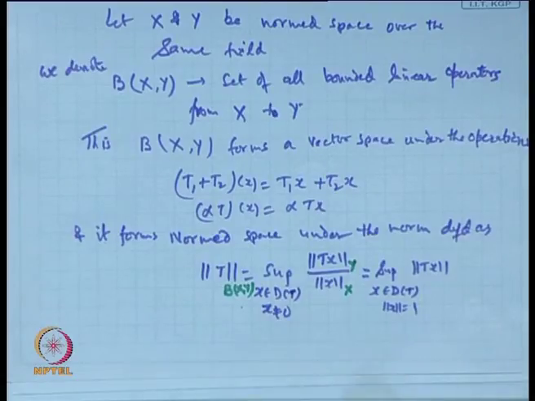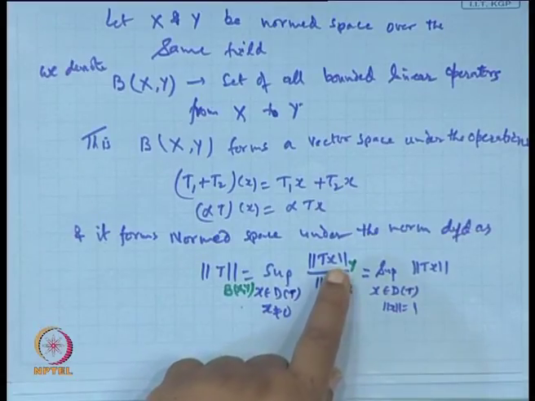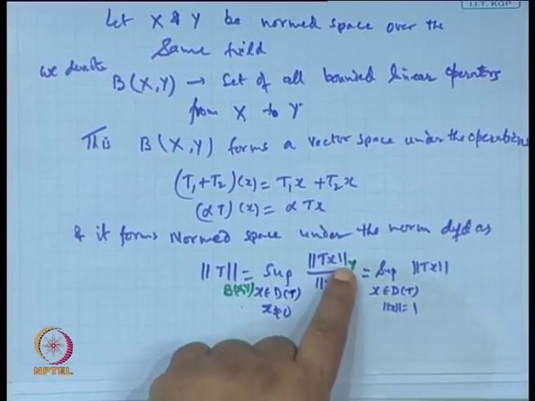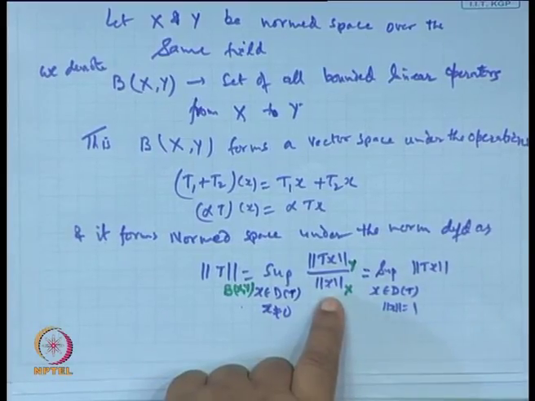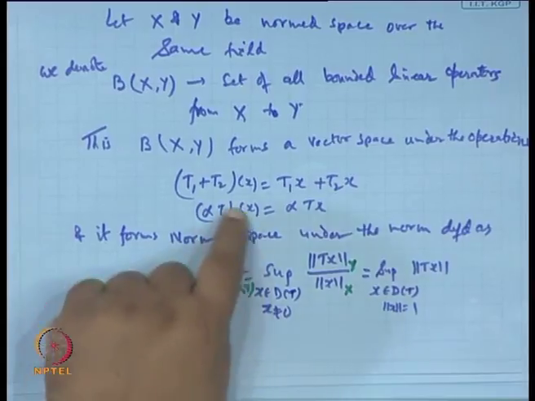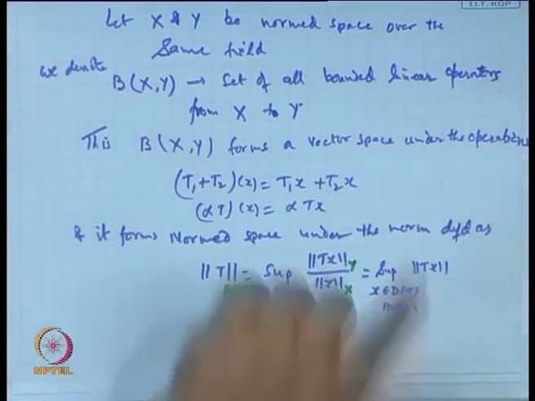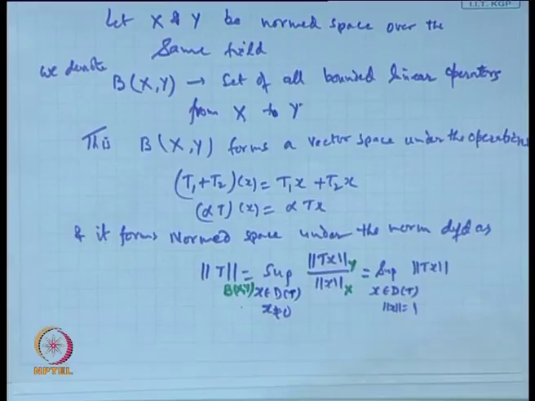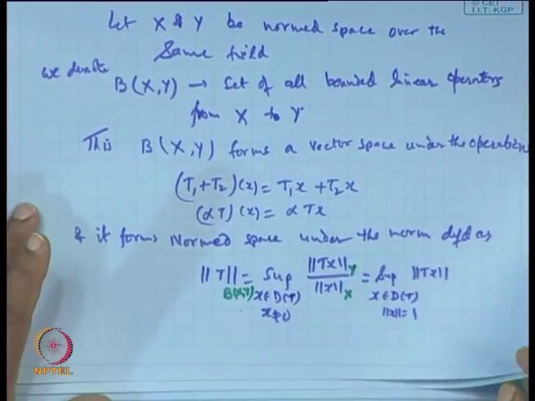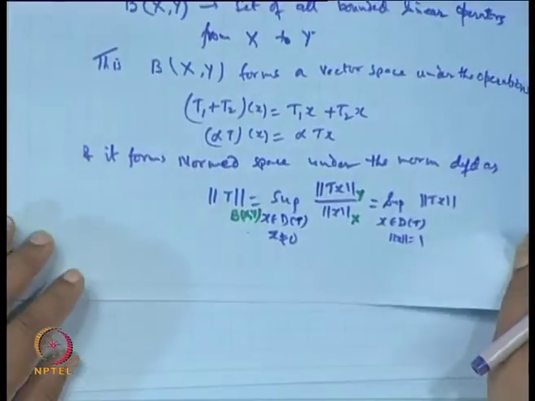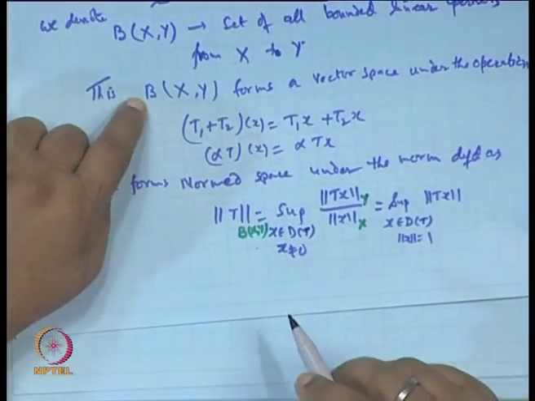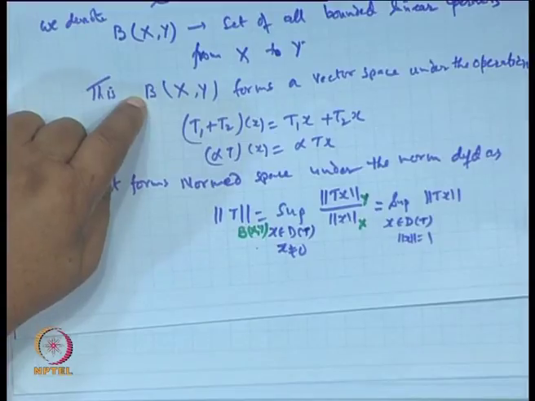The understanding is that whenever Tx is given, it is a point in y, so the norm of y is used here, the norm of x is used here, and this is the norm of the operator, a bounded linear operator from x to y. Is that clear?